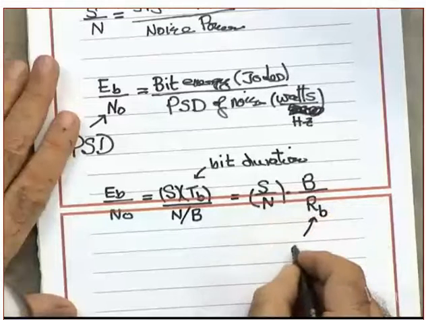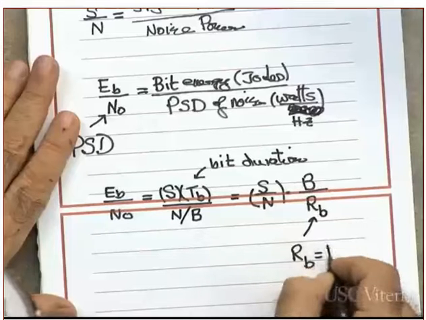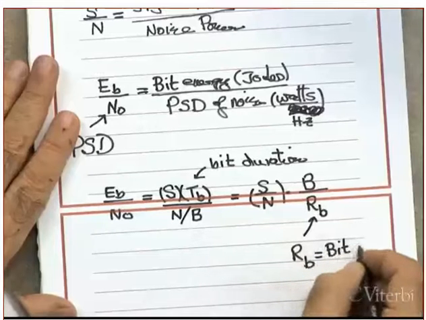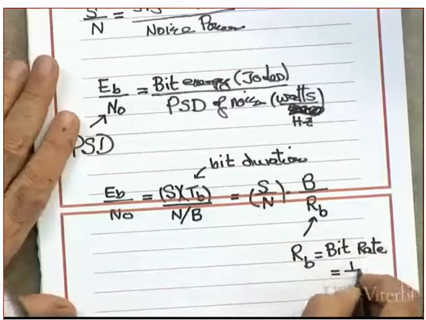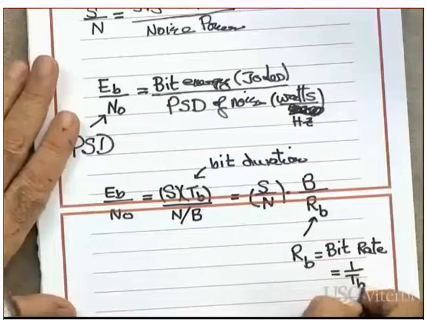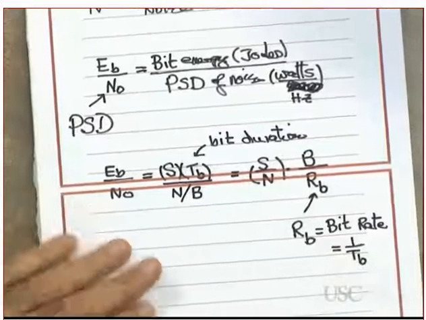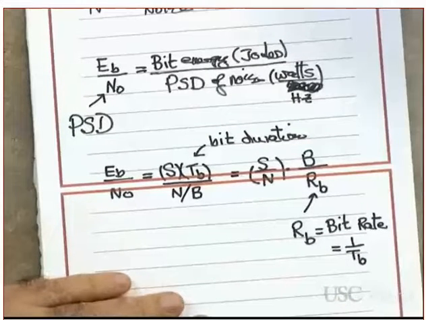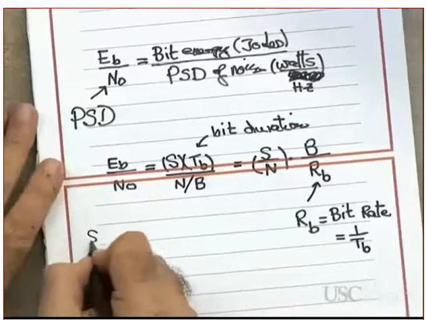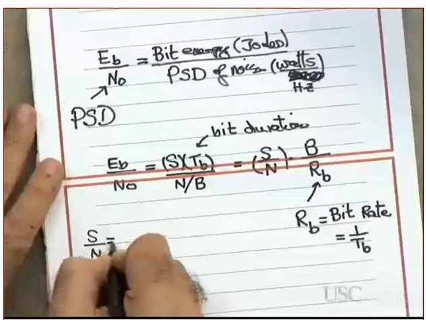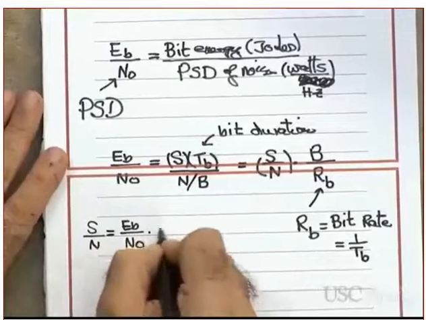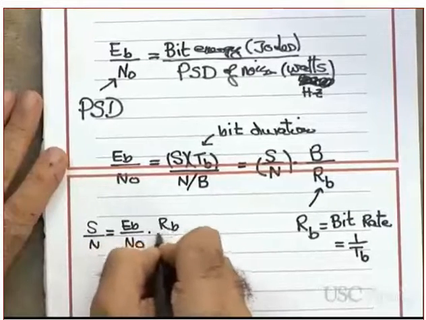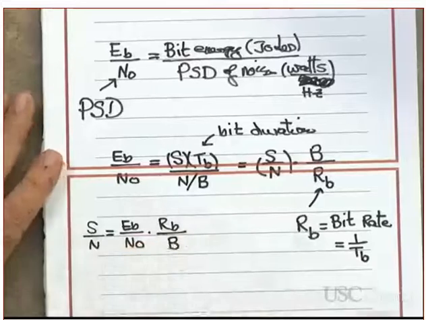RB is called the bit rate, which is equal to 1 over TB. Did you get it or not? Yes? Or if you want to write it like this, signal to noise ratio is equal to EB over N0 times RB over B. It's the other way around.